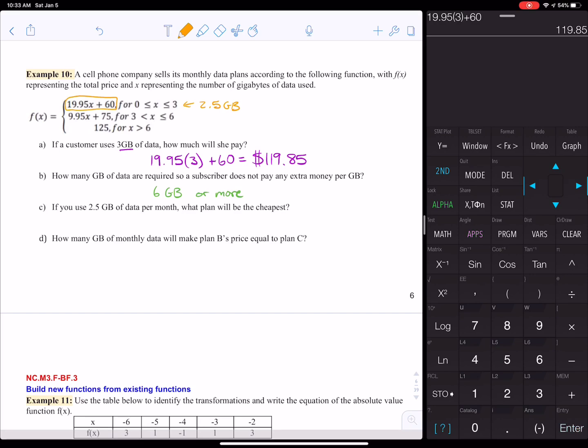So we would have to go with that plan up there. If we call these plans A, B, and C, it'd be plan A. So $19.95 times 2.5 plus an extra 60 for the flat rate. And then if we type it in the calculator, let's see what that would be.